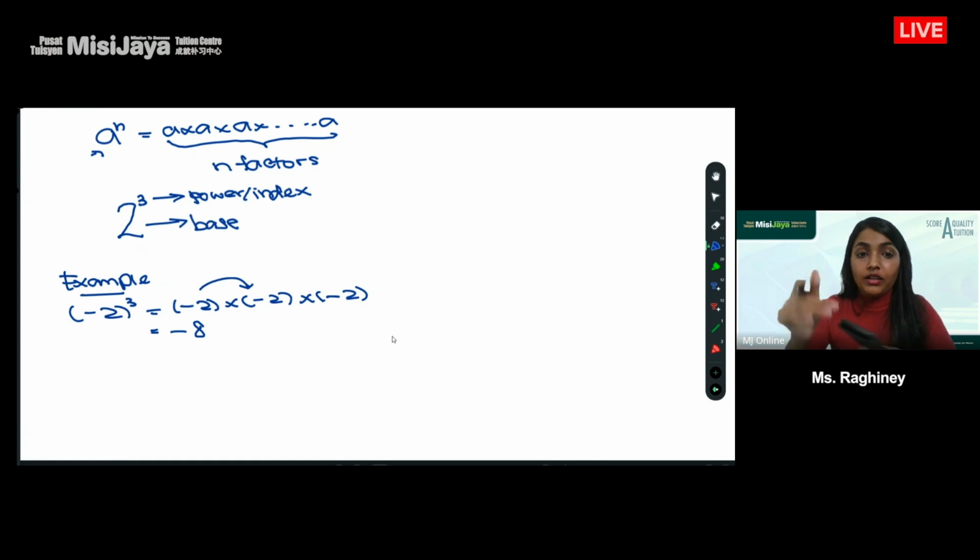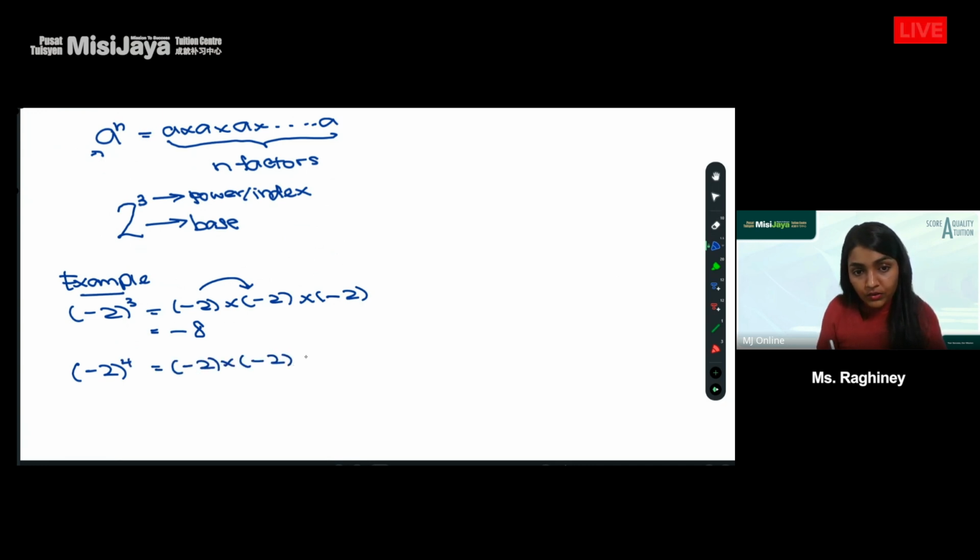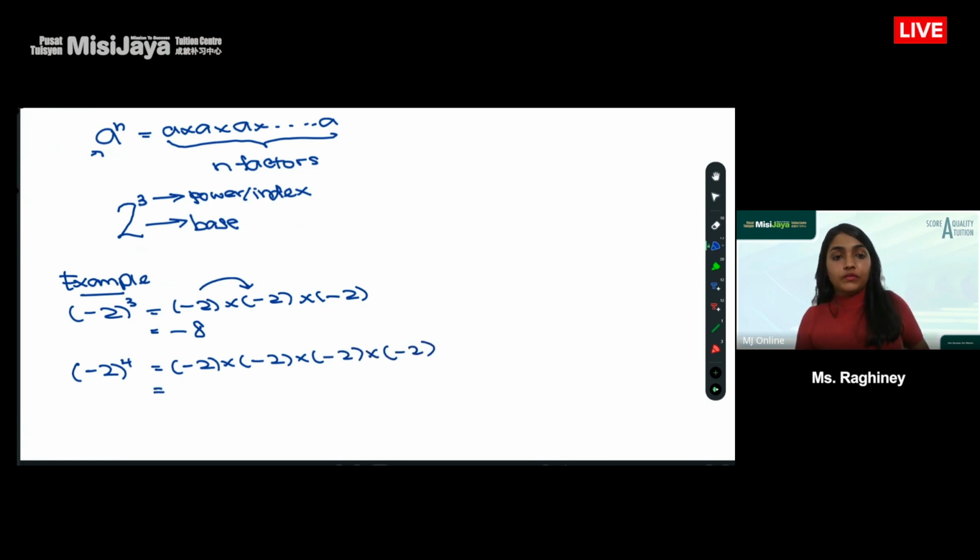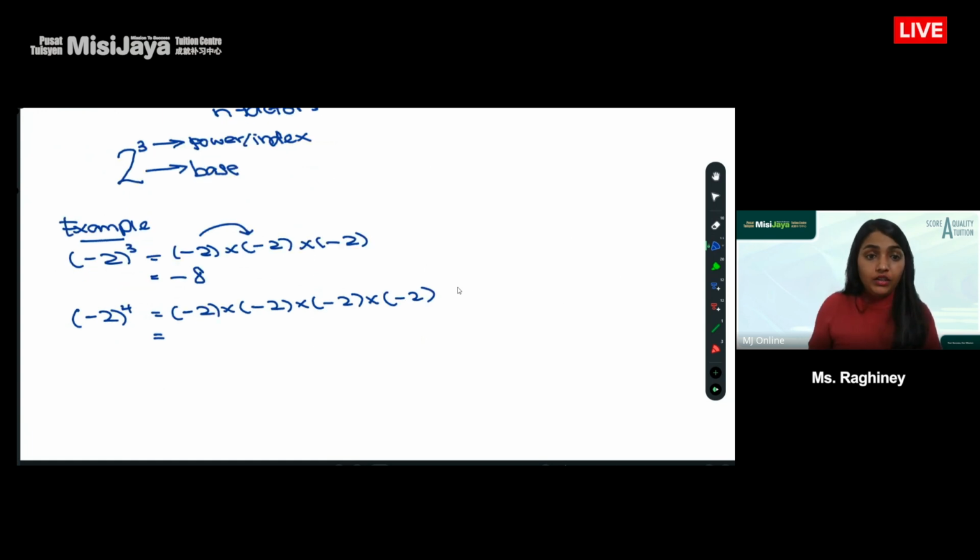Let's try another example. Negative 2 to the power of 4 equals negative 2 times negative 2 times negative 2 times negative 2. If you just put this in the calculator, negative 2 power 4, you will get negative 16.